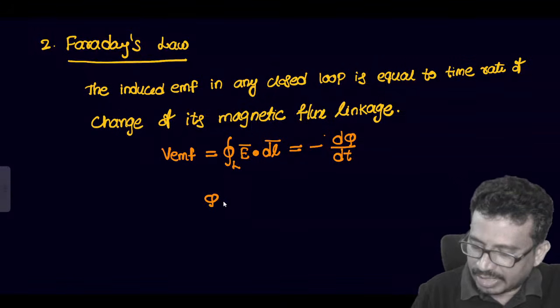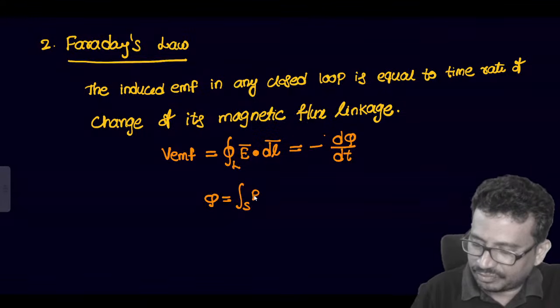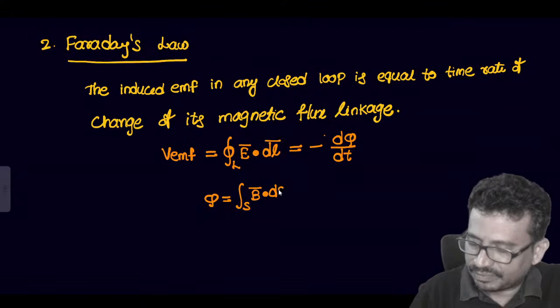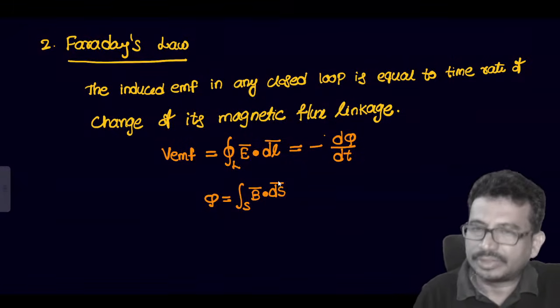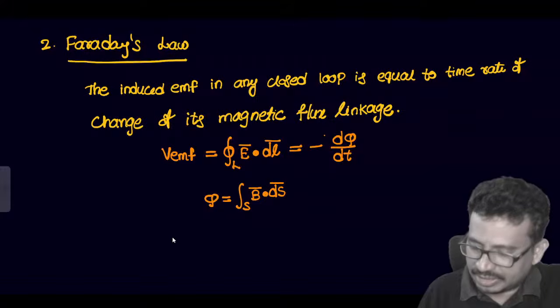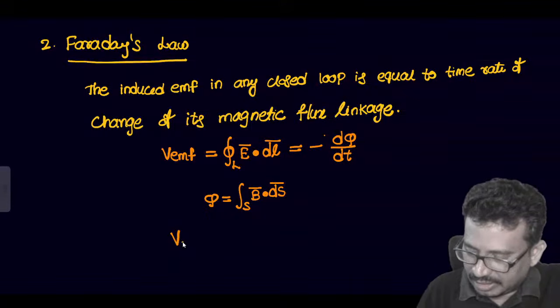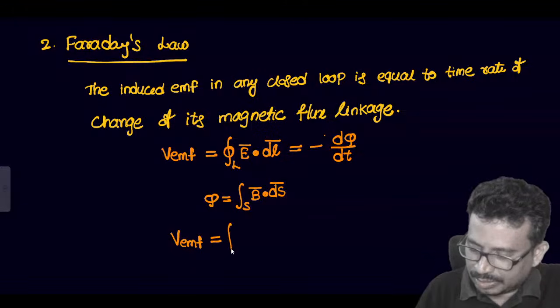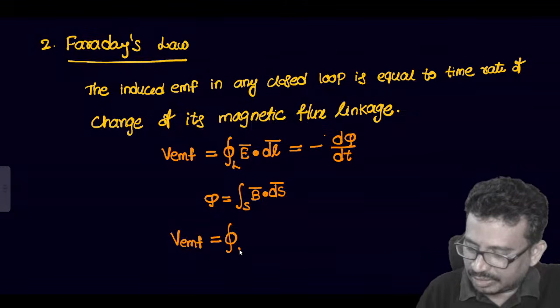Now we can write the magnetic flux phi is equal to the surface integral of B bar dot ds.